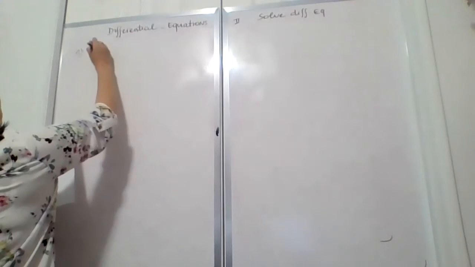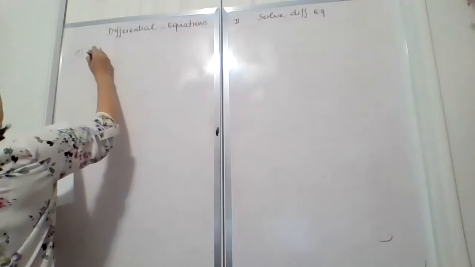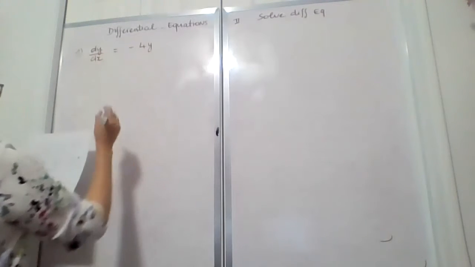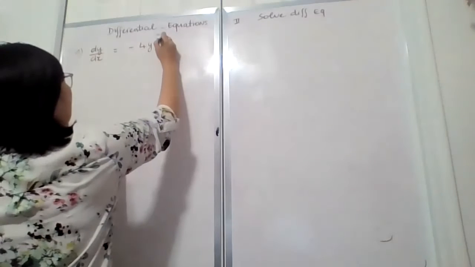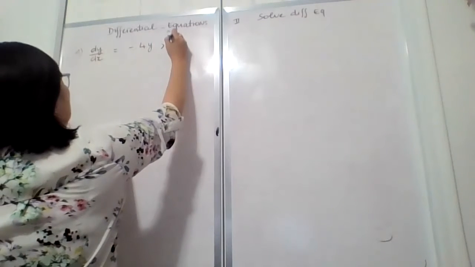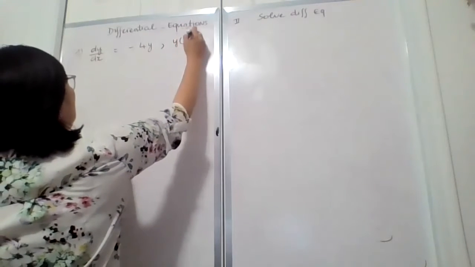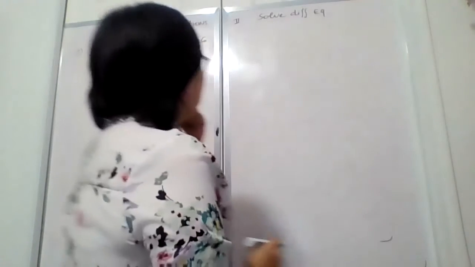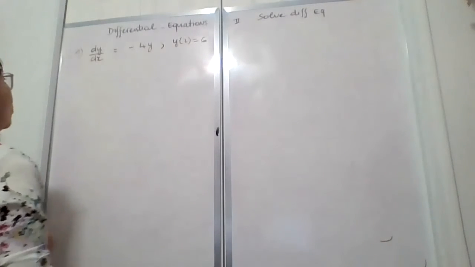We have the equation dy over dx equals minus 4y. How are we going to solve this? And the given information is y of 2 equals 6. Okay, so let's see how I'm going to solve it.